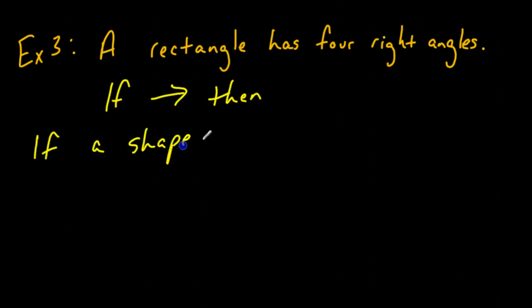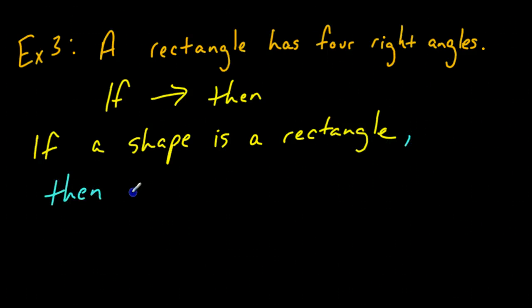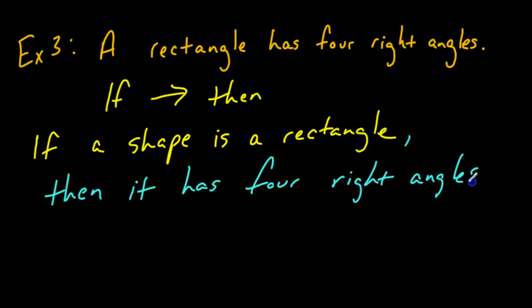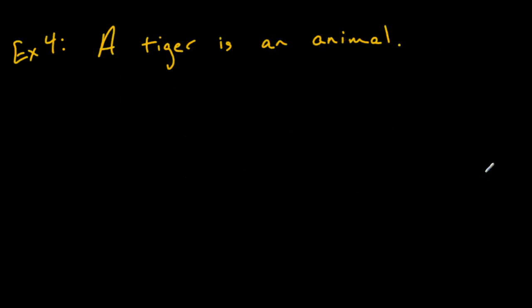If a shape is a rectangle, then it has 4 right angles. So we took the information that we had and translated it into an if-then statement.